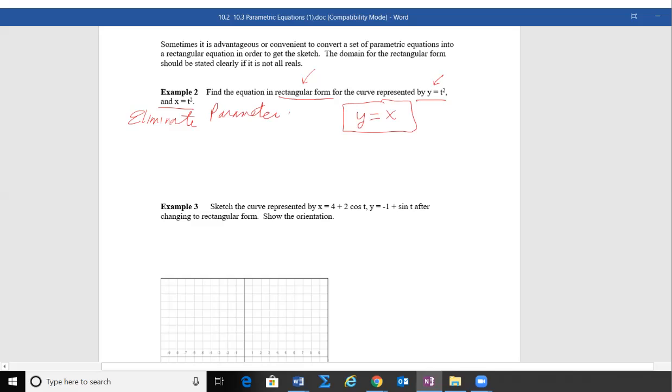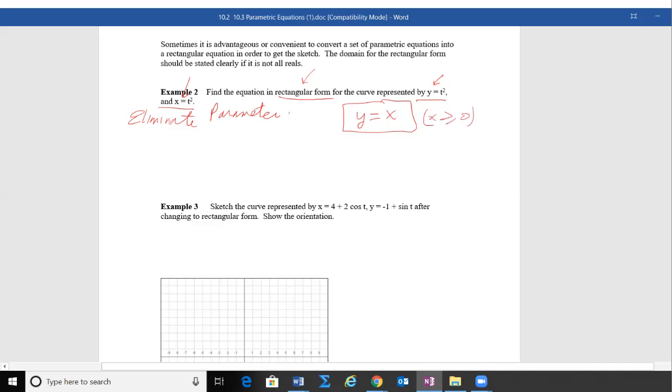The original said that y was t squared, which implied that y was never negative. Same thing with x. So to keep that with this rectangular form, you would say that x is greater than or equal to 0 only.